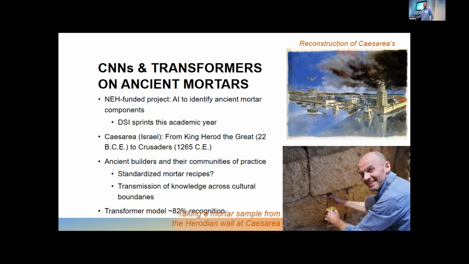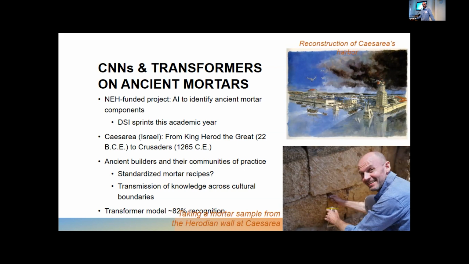Did people actually use the same types of mortars for their buildings? Did they have specific recipes for how they would mix the mortars? Then another aspect would be, did they exchange knowledge across these different cultures? Or did everybody just work within the blinders of culture and not look at builders that came before them, or other builders who were working elsewhere? Questions that could not be answered in any objective way.